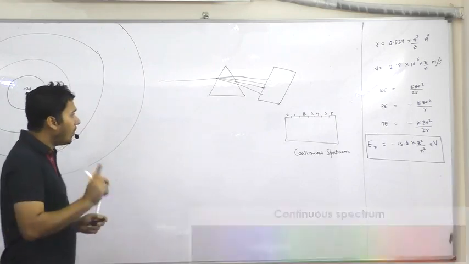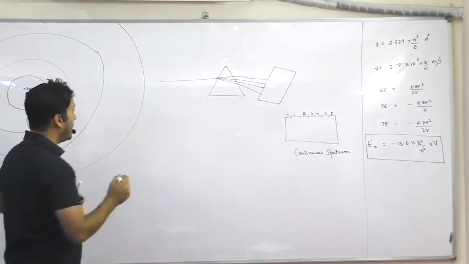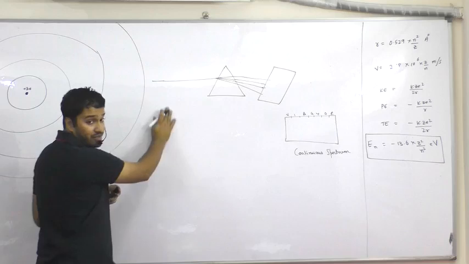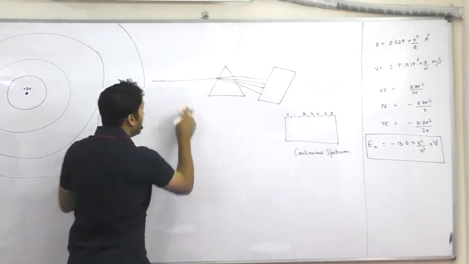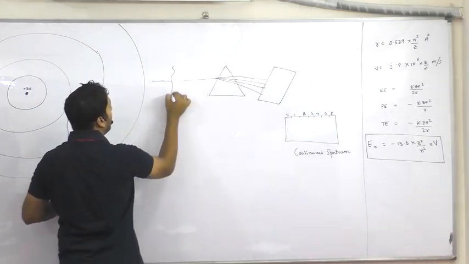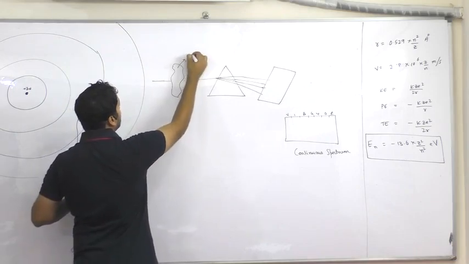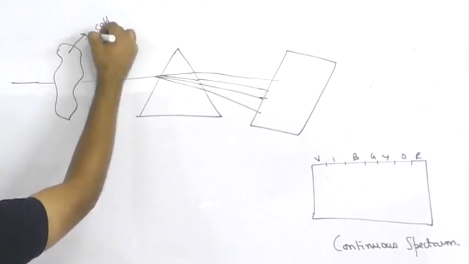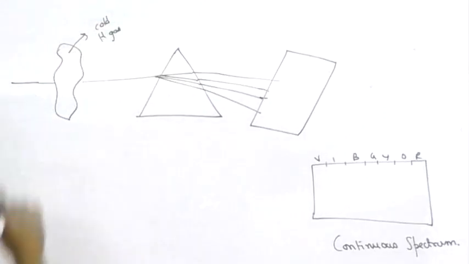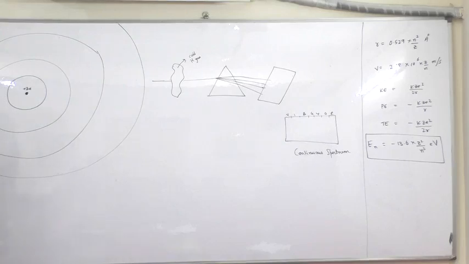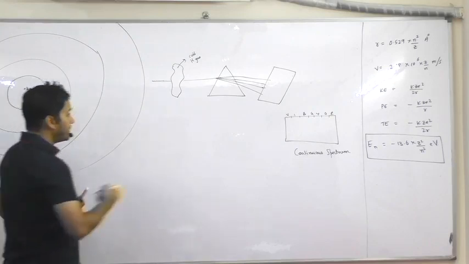Now, what happened? Something strange happened here. Before I let this light enter the prism, I allowed it to pass through some cold hydrogen gas. I observed this.